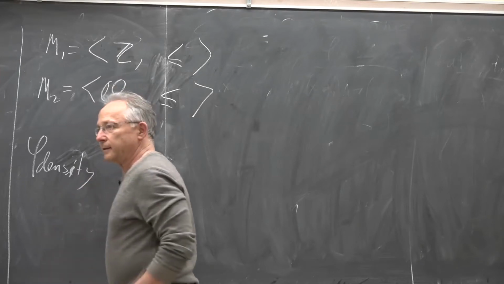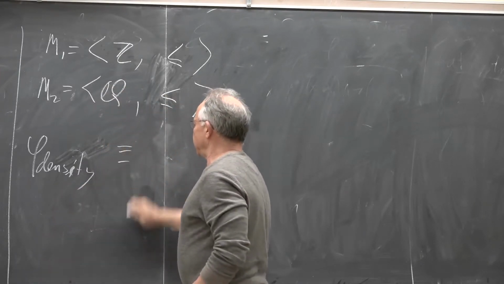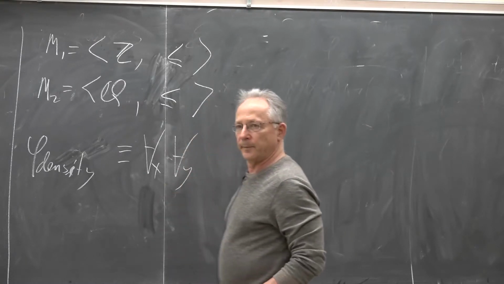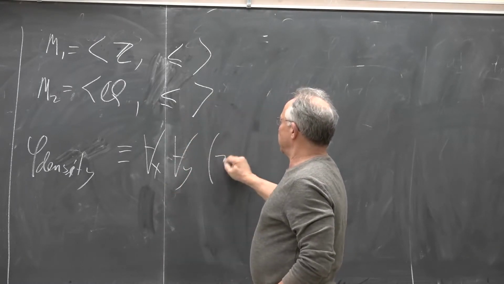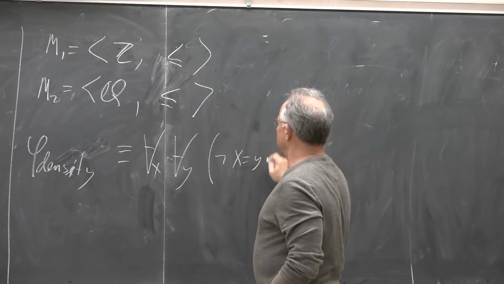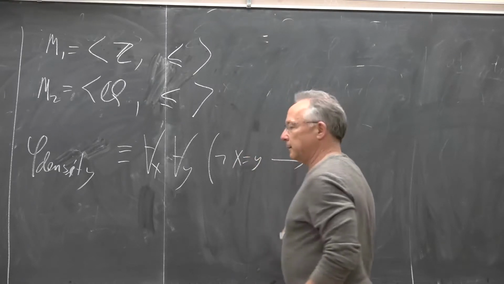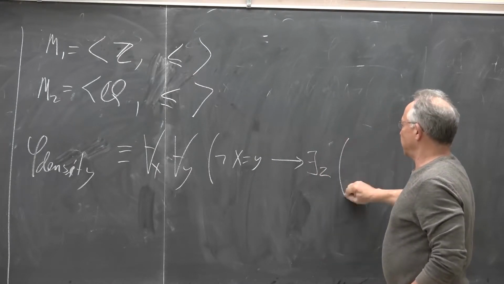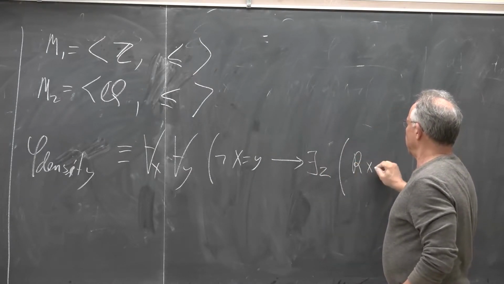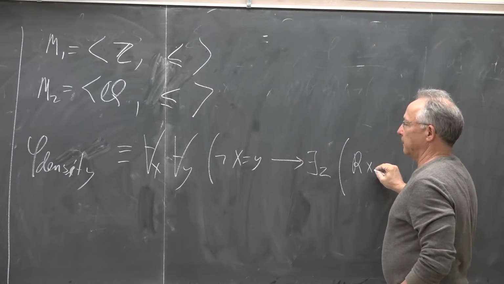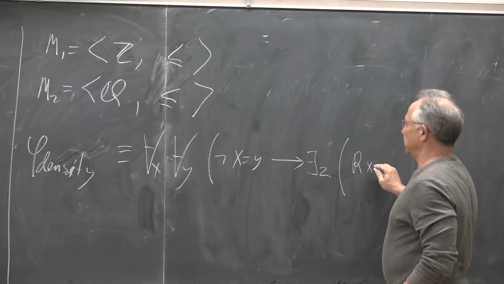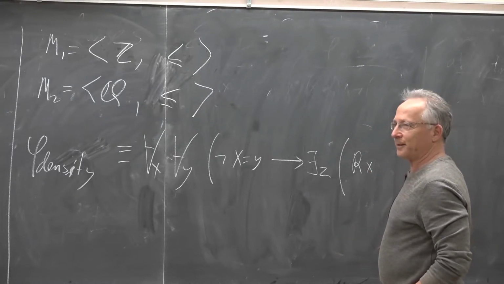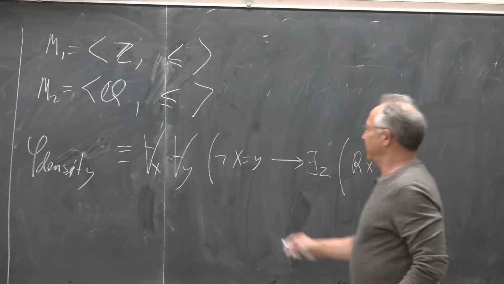Phi of density says for every x, for every y, if it's not the case that x equals y, then there exists z such that R x... Oh, I have to say what the ordering between them is.